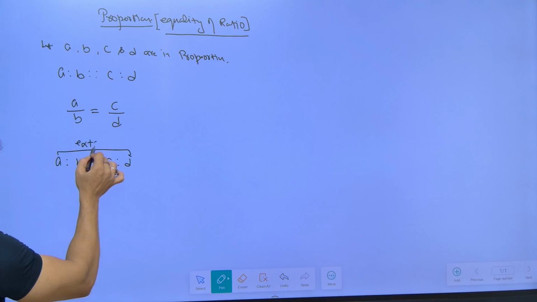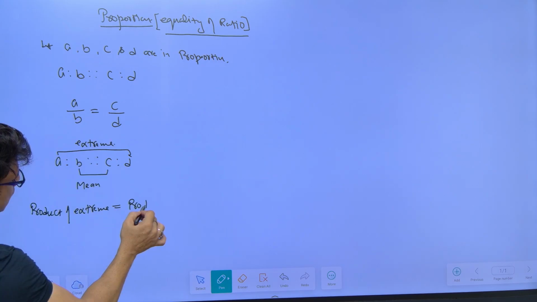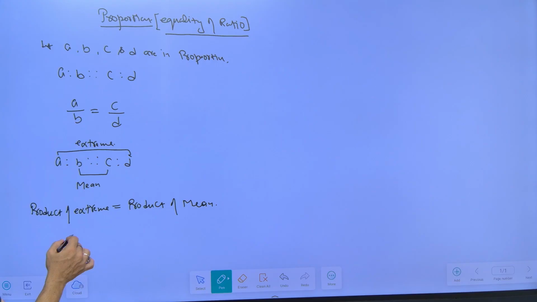B and C are called mean values. Here, product of extremes is equal to product of means. It simply means AD is equal to BC.